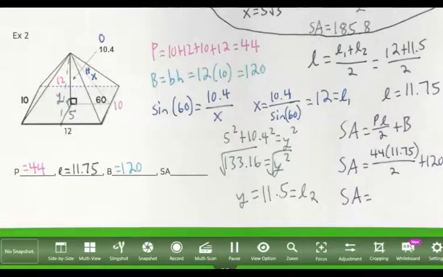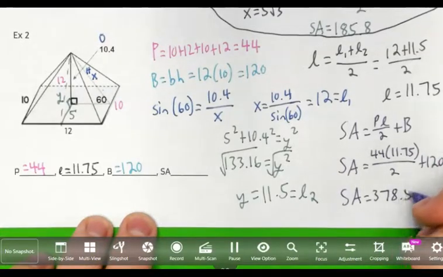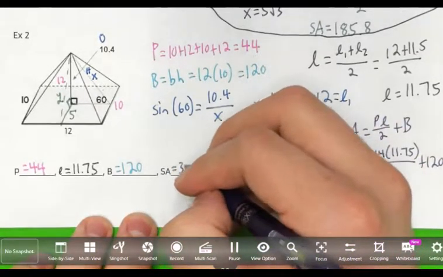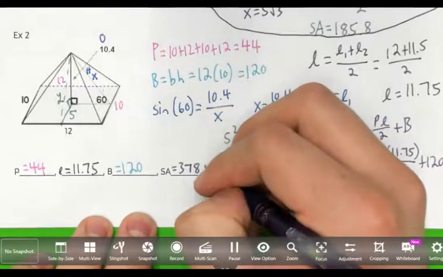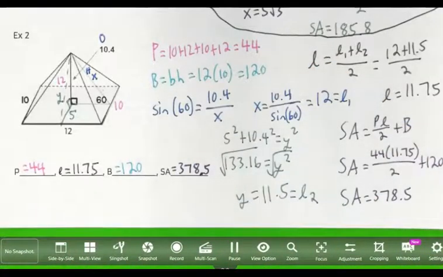And after doing all of that, our final answer is 378.5. That's all there is to it. So keep in mind that for rectangles, you will have two different slant heights.